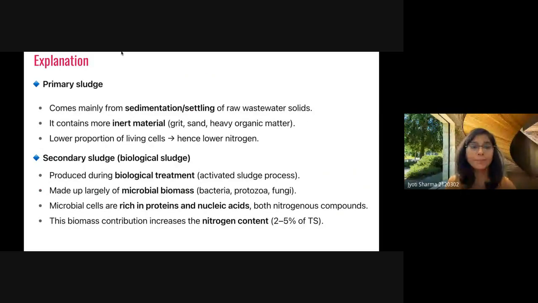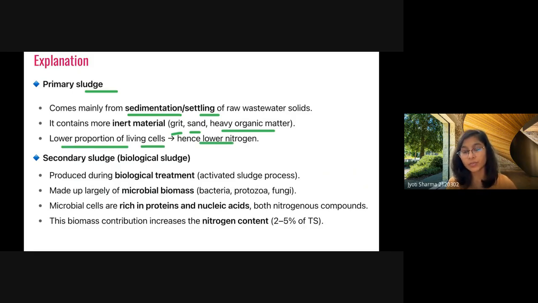I also have an explanation for this. Primary sludge mainly comes from sedimentation or settling. So mostly in the primary sludge, we will have grit, sand, or heavy organic matter, and it will have a lower proportion of living cells, hence lower nitrogen. But if we are talking about secondary sludge, then we have microbial biomass that will be part of the sludge, right?